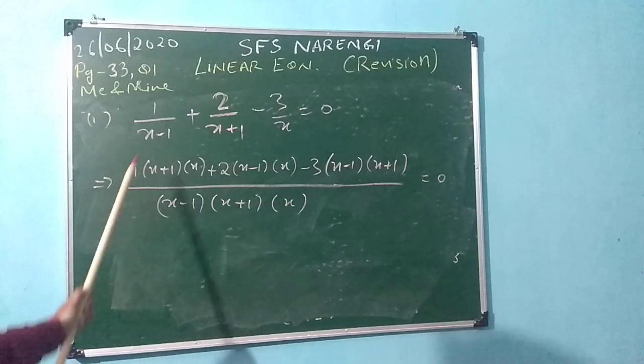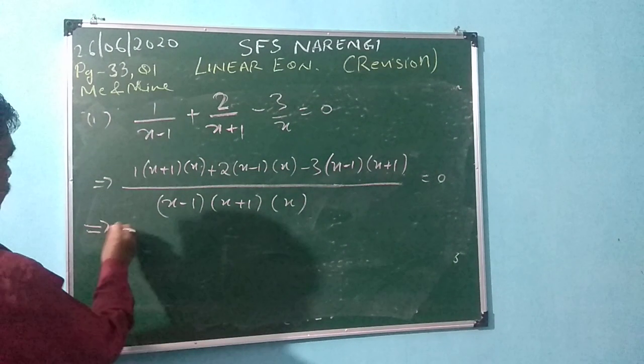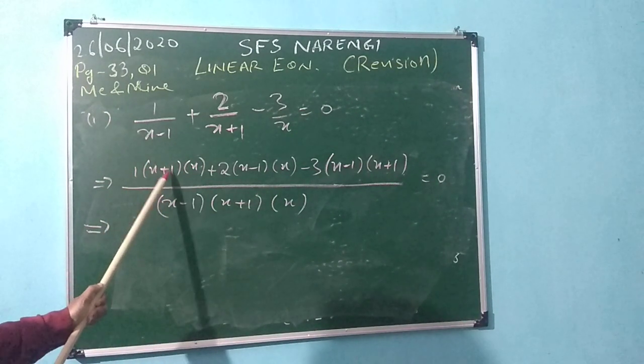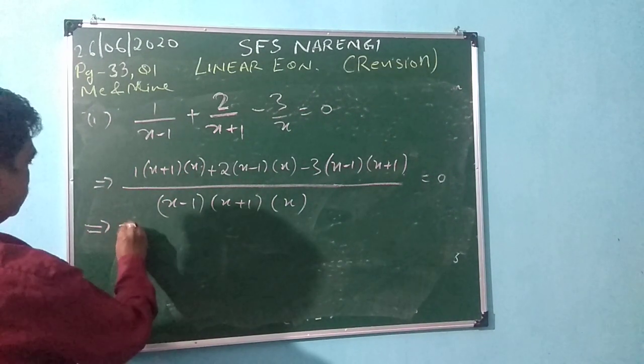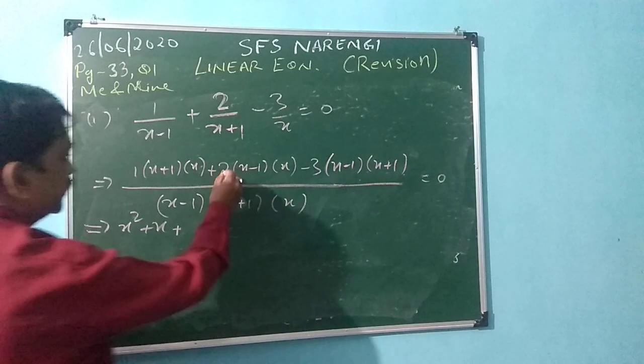Now, what we are supposed to do, we will multiply this. So again same process, x into x, x square, and 1 into x is x. Again same here.